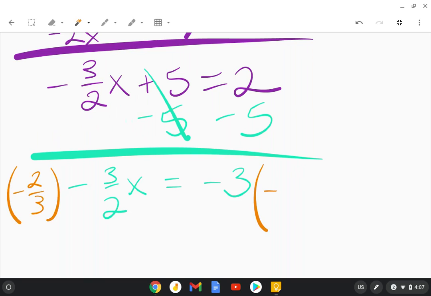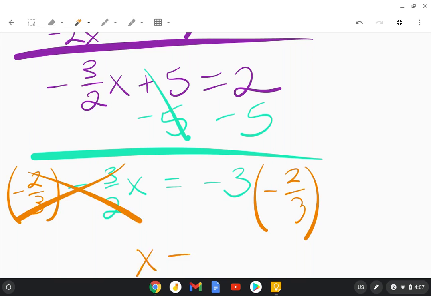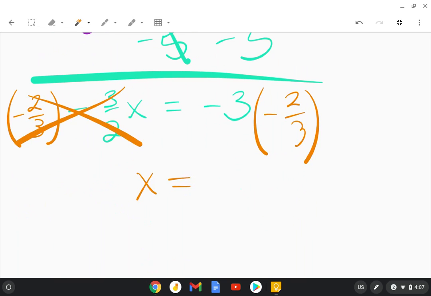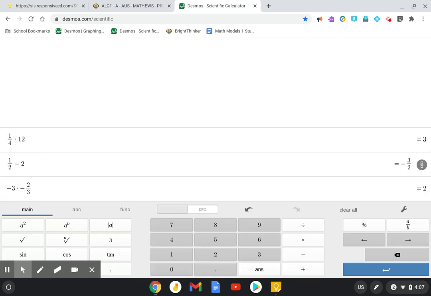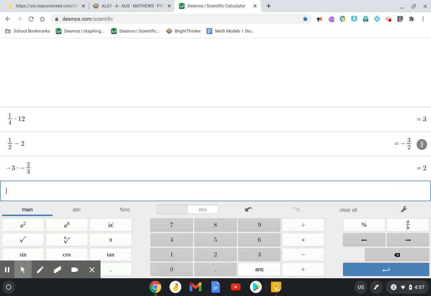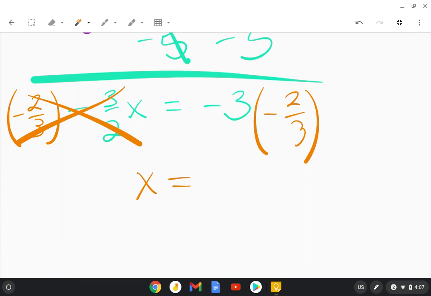We're going to multiply this times negative 2 over 3. These are obviously going to cancel, giving me x equals negative 3 times negative 2/3, and we get 2. So that works out nice and even. And so x equals 2.